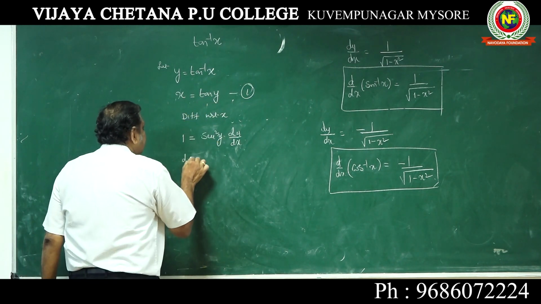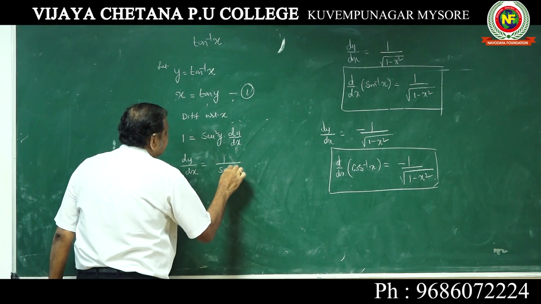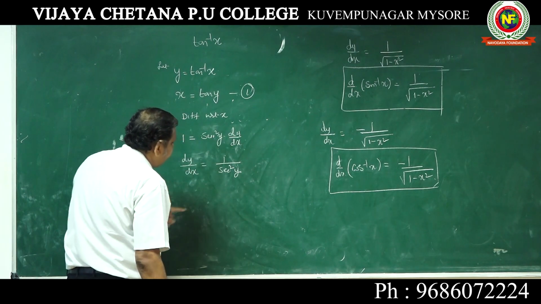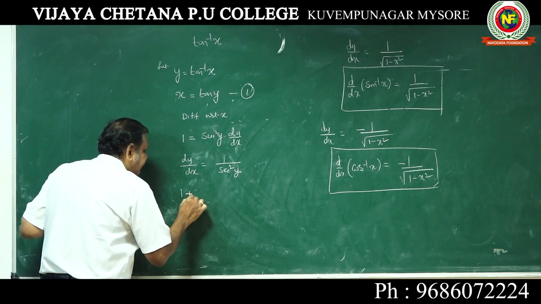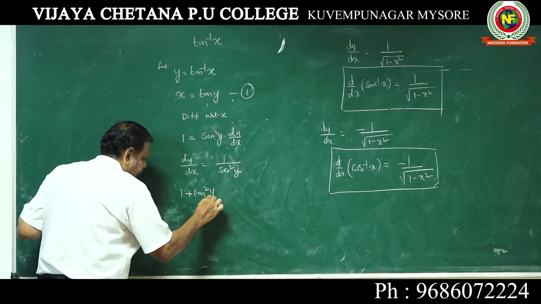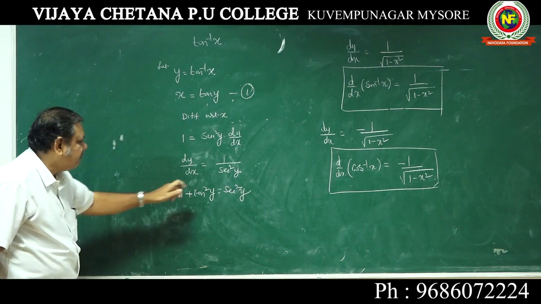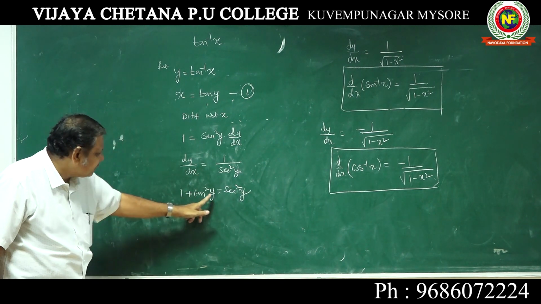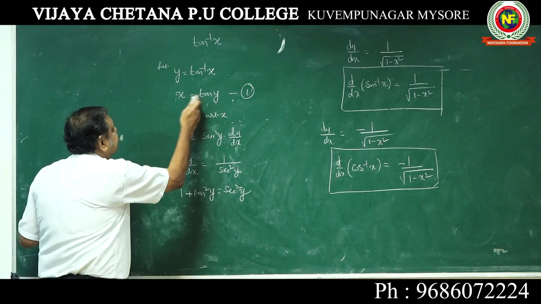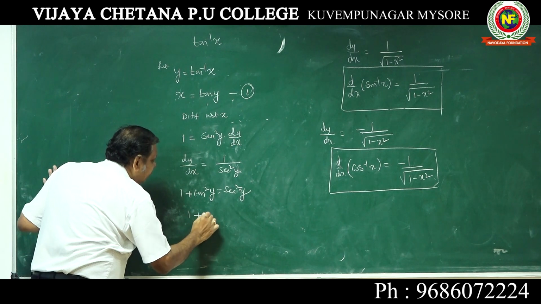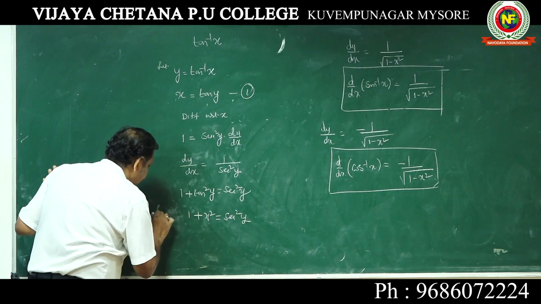Now dy by dx is equal to 1 over secant square y. Now you have to use another formula, 1 plus tan square y is equal to secant square y. Another basic formula, but tan y is x from 1. It is 1 plus x square.